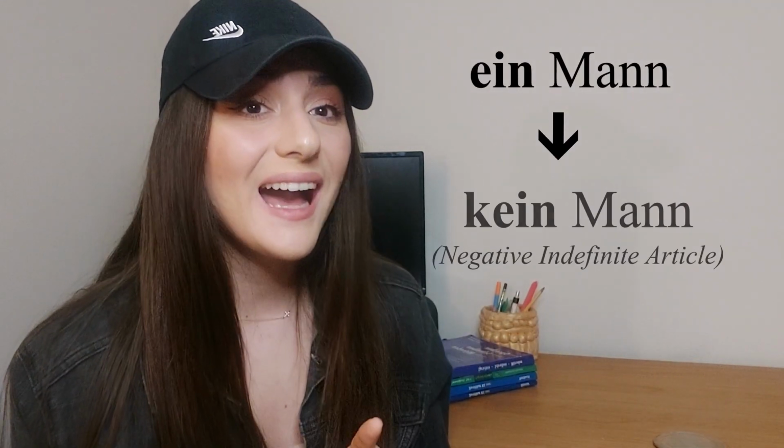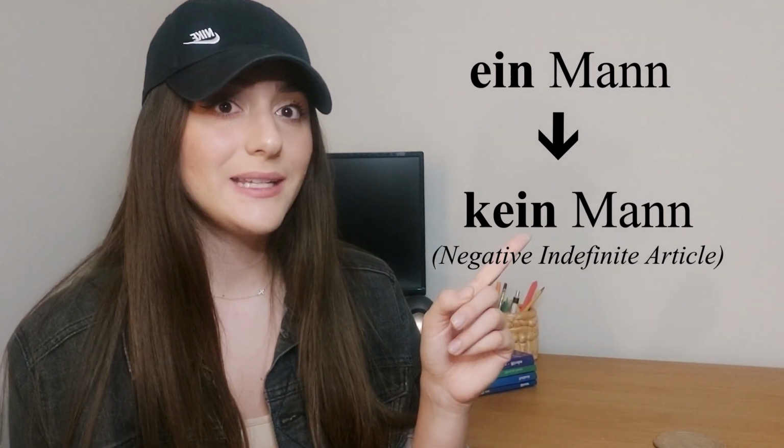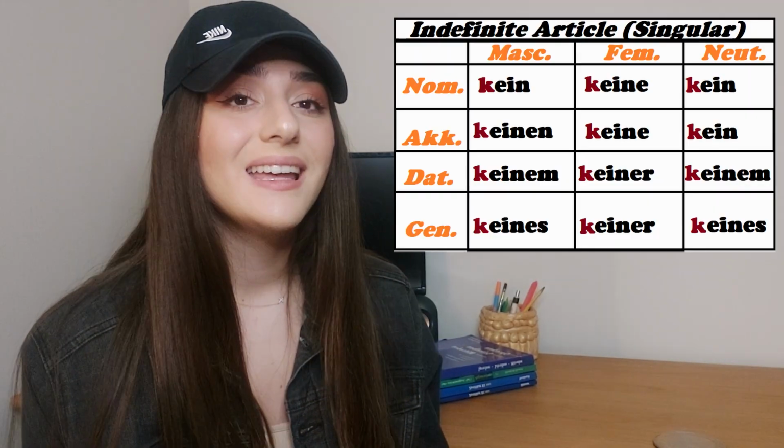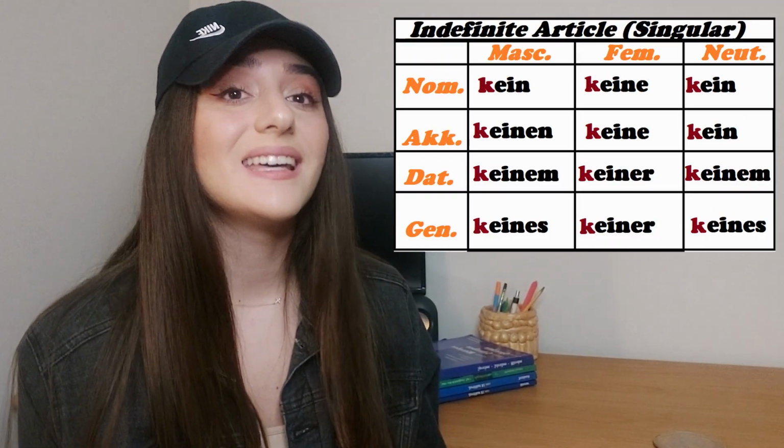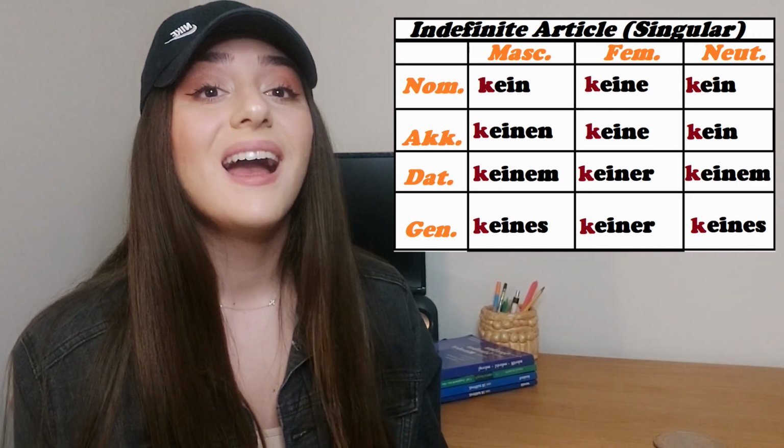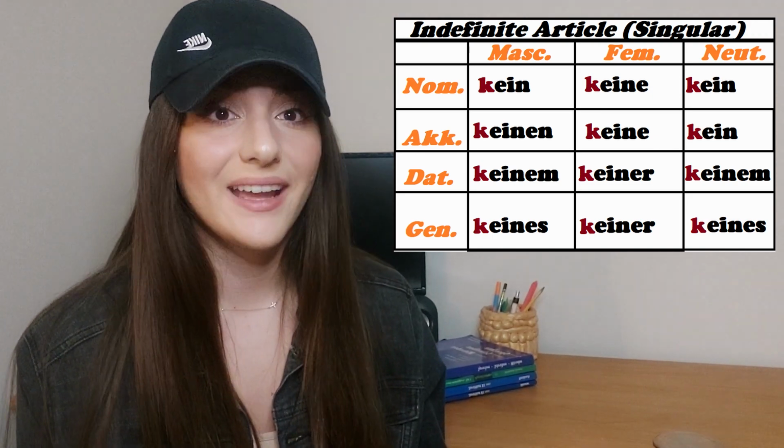That's exactly what we do in German as well. We say ein Mann and then kein Mann. The kein is written like that, and it's basically formed exactly like the indefinite article ein, eine, and ein.